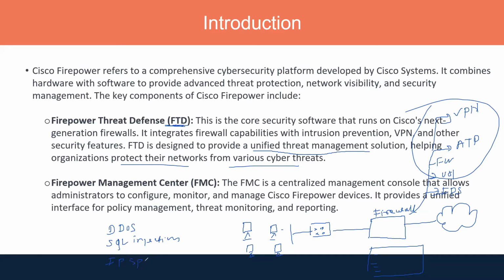We have so many famous attacks, and if we want to protect our network from all these types of attack, we have to deploy a firewall in the network. The Firepower Threat Defense firewall is a network firewall, deployed at the network level, and it protects your organization.